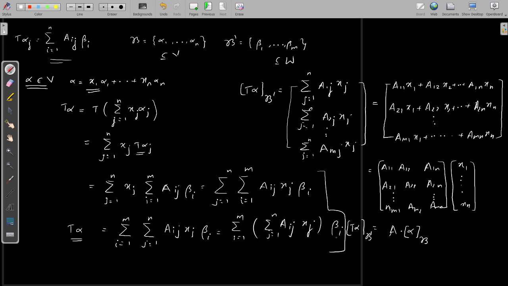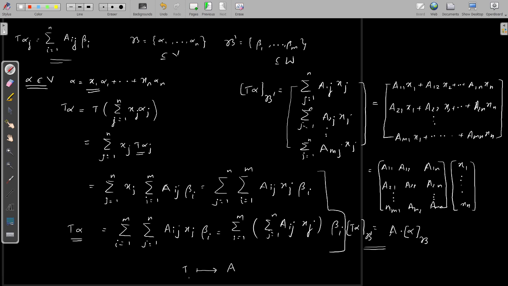If you have a linear transformation, corresponding to the linear transformation you can define a matrix relative to two ordered bases B and B prime, and then that satisfies this equation. Okay, so T is represented by the matrix A in this manner.